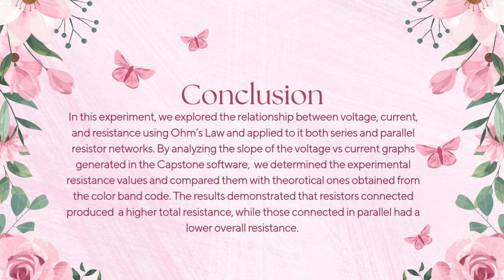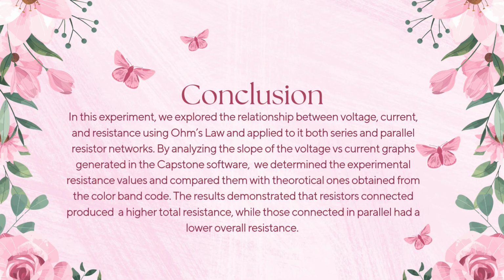Overall, this lab not only reinforced the concept of Ohm's law, but also demonstrated how crucial resistor configuration is in circuit design. In this experiment, we explored the relationship between voltage, current, and resistance using Ohm's law and applied it to both series and parallel resistor networks.